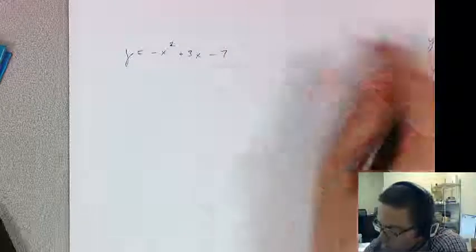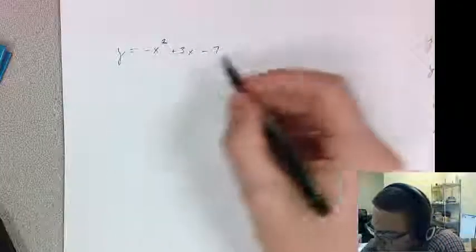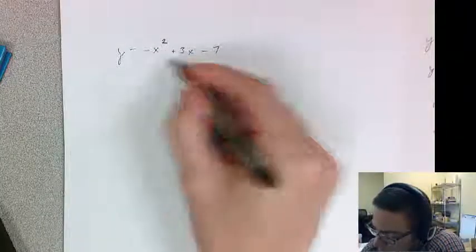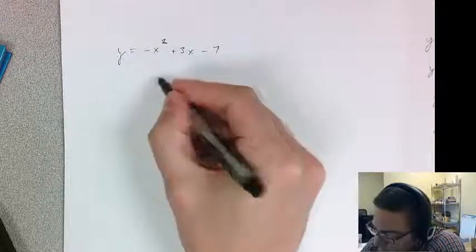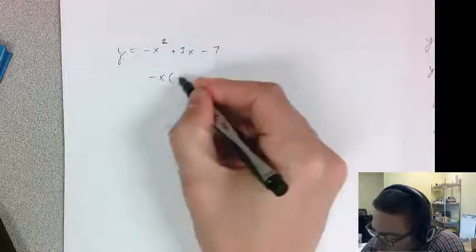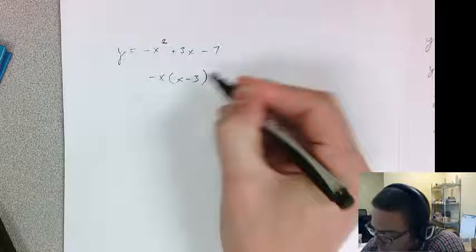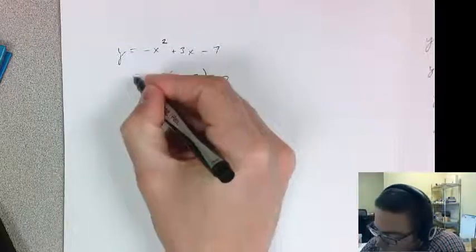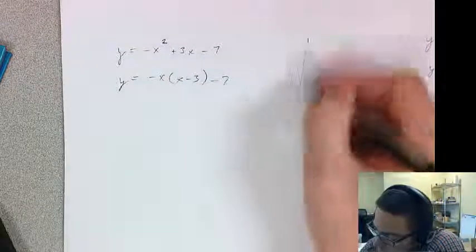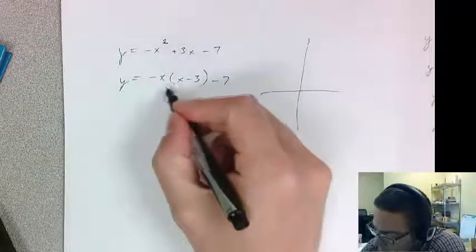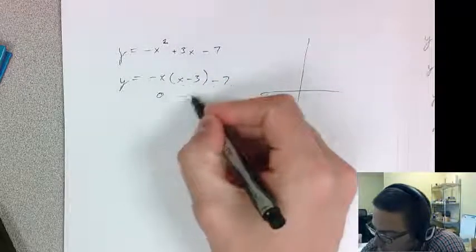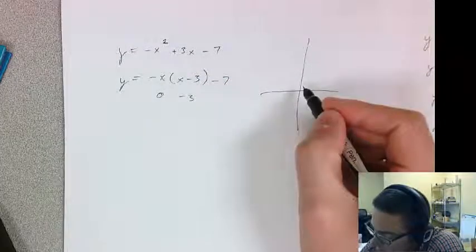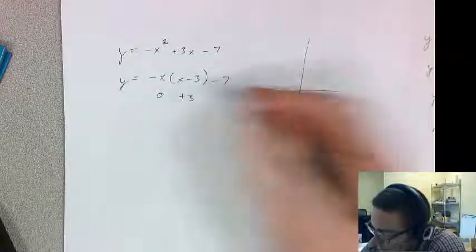Okay, let's go to a little bit deeper level here. Now how about we factor out a negative x, and then it would be x minus 3, minus 7. Okay, so interesting x values are 0 and positive 3 to make that 0.